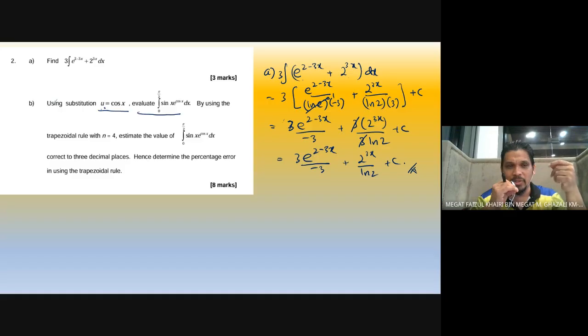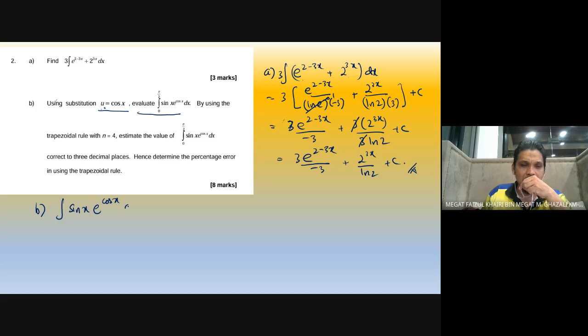The first is substitution, and the second is the trapezoidal rule, and finally you are going to compare the percentage of difference between the two methods. So question B: the integral of sine x e power of cos x dx. Let u equal cos x, and then du equals negative sine x dx.